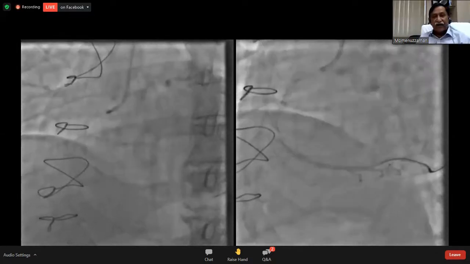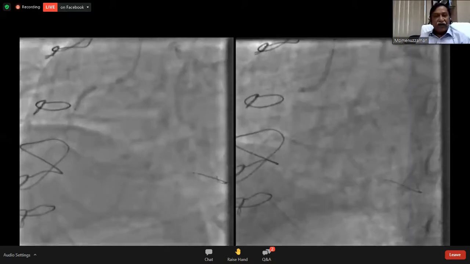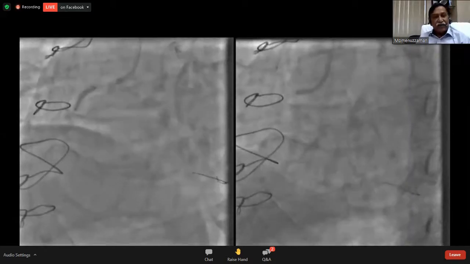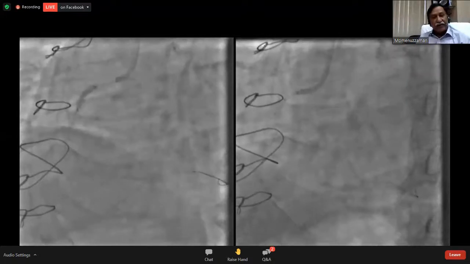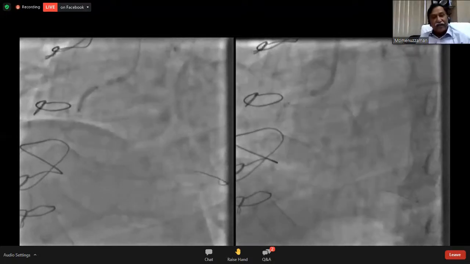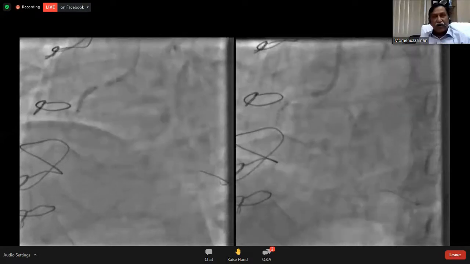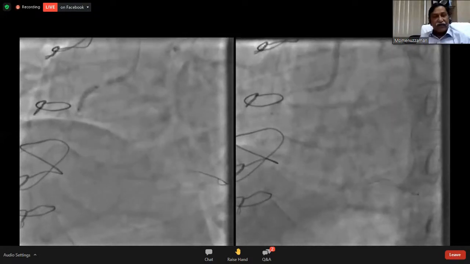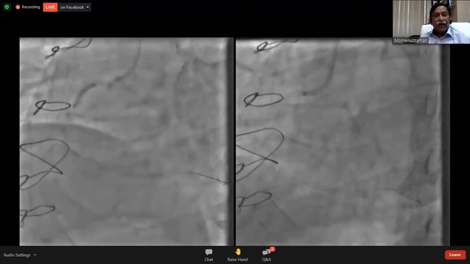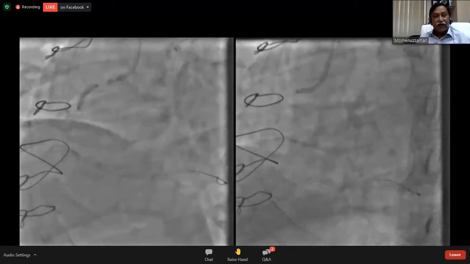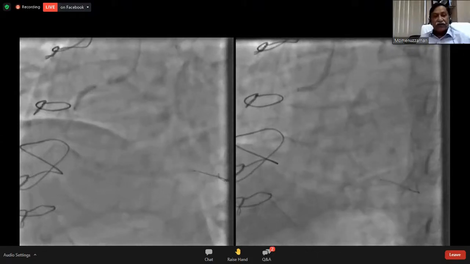This is after rotablation, the post-rota angiogram. And thereafter, I dilated the vessel with a bigger size balloon, keeping both the rota wire and the extra floppy wire for additional expansion, because the rota will cut only 1.5 millimeter diameter, and beyond that the calcium may not be broken if you put a stent, so you need to prepare the lesion further with a bigger size balloon.